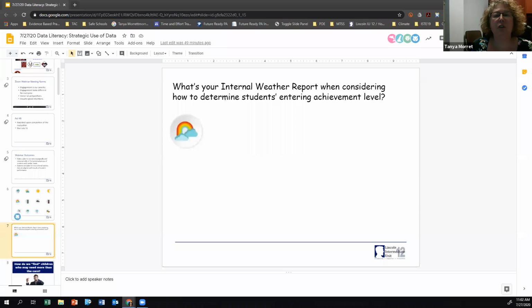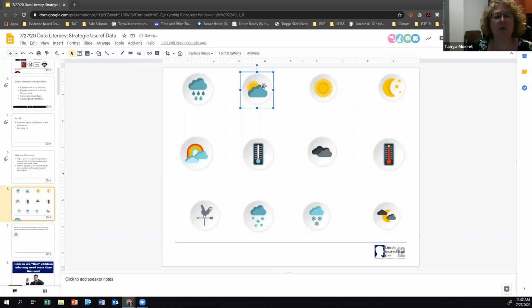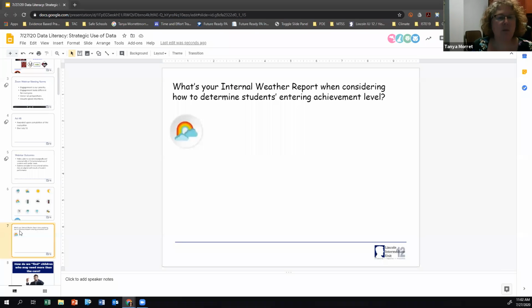These are all movable stickers, so if you would please copy, don't cut, and then you can paste your internal weather report in our slide. It's all anonymous, but I'm just curious, when you're thinking about how to figure out their entering achievement level, what's the weather report?